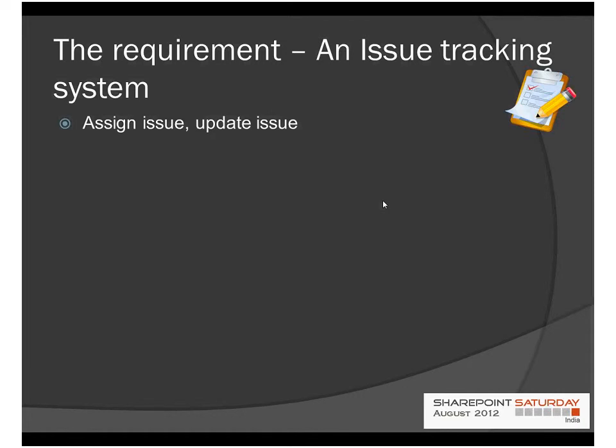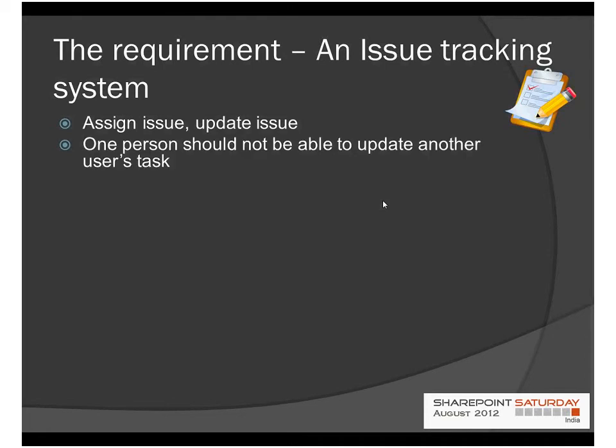Another requirement that could come up is one person should not be able to update another user's tasks, which is also fine. And once people start using such a system, we will see that there is more and more popularity of this. There will be multiple departments wanting to use the same system.